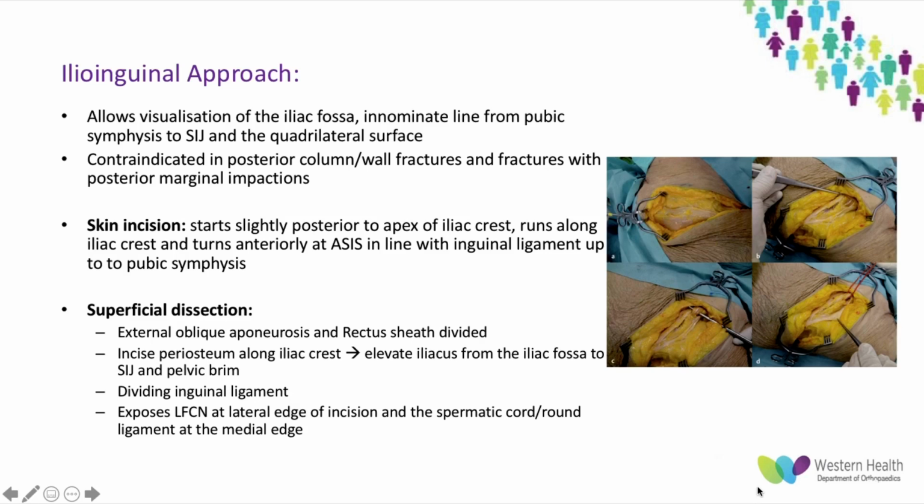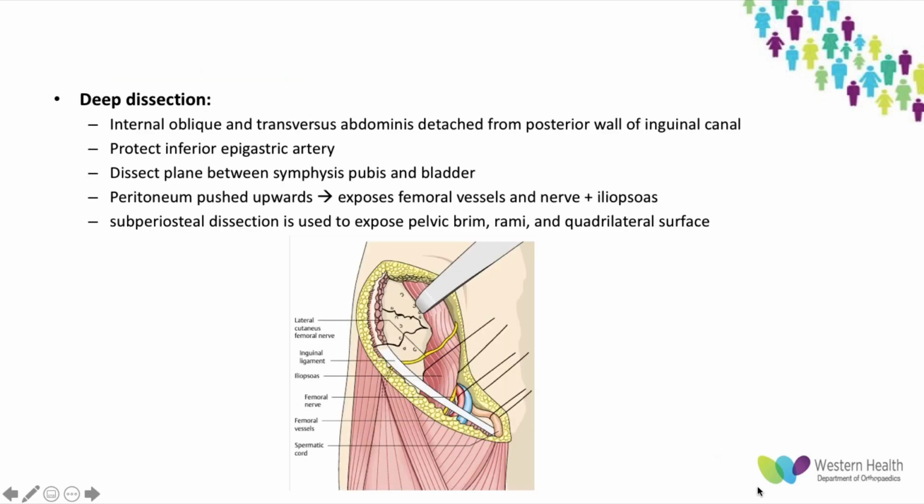The surgical dissection medially involves the external oblique aponeurosis and rectus sheath being divided. On the lateral side, you incise the periosteum along the iliac crest. You elevate iliacus from the iliac fossa to expose the sacroiliac joint and the pelvic rim. The inguinal ligament is then divided, which will expose the lateral femoral cutaneous nerve on the lateral edge and the spermatic cord or the round ligament on the medial edge.